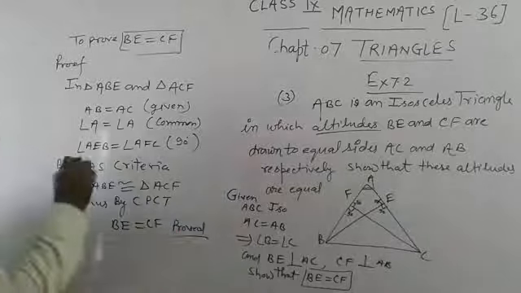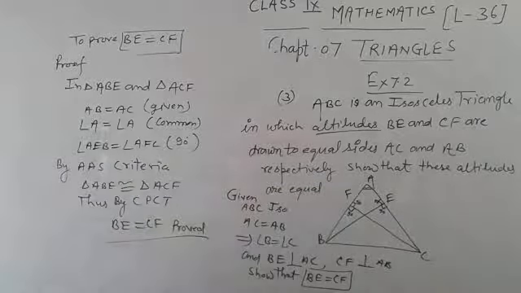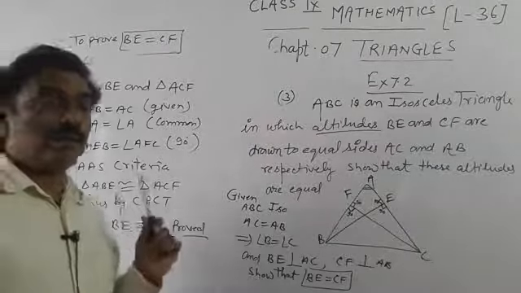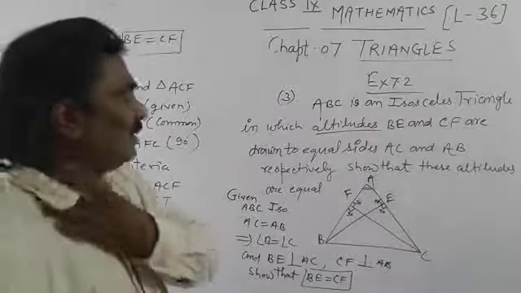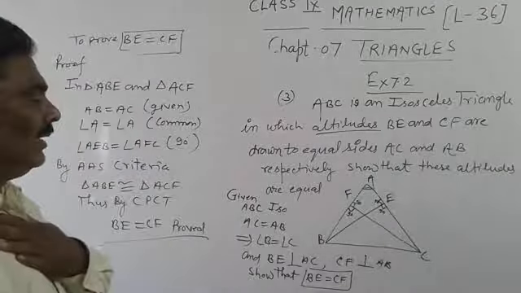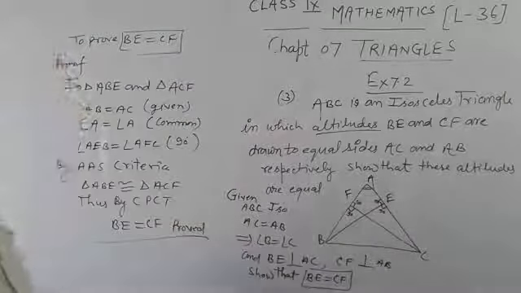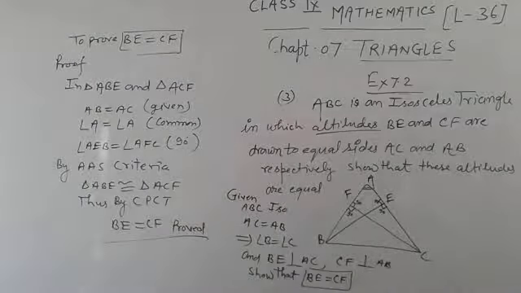These are the equal altitudes, students. So with the help of properties of triangle and criteria for congruency of two triangles, we have proved that altitudes BE and CF both are equal. So students, now write the solution.